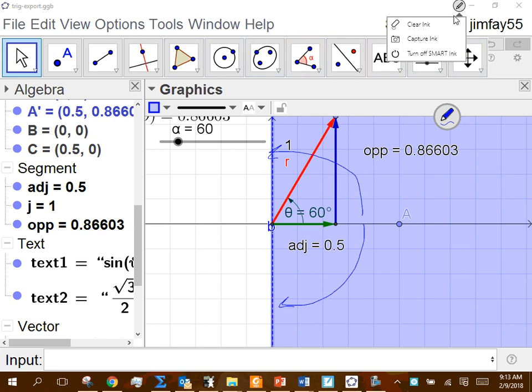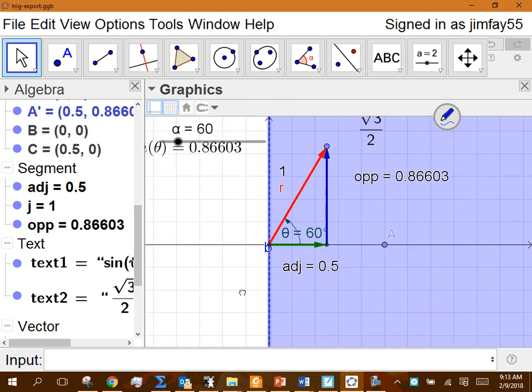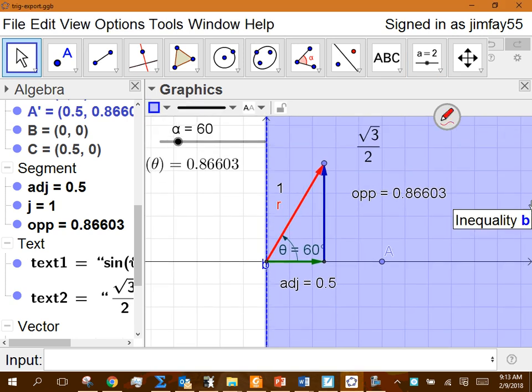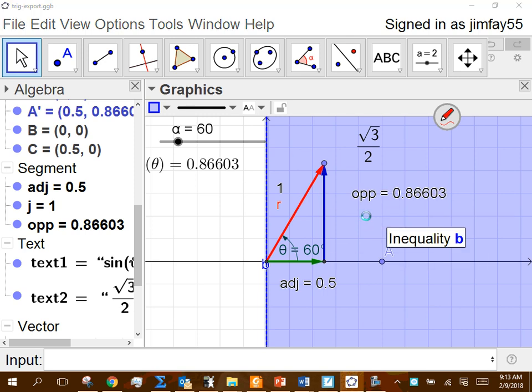Here's the thing. There is a situation where if I look at this right now and I say I want to find the sine inverse. Okay, now the sine inverse, we put a number in here, right? We put a ratio in there.